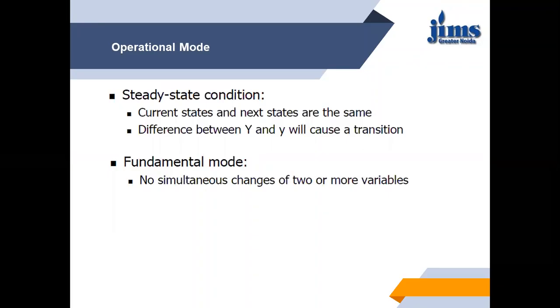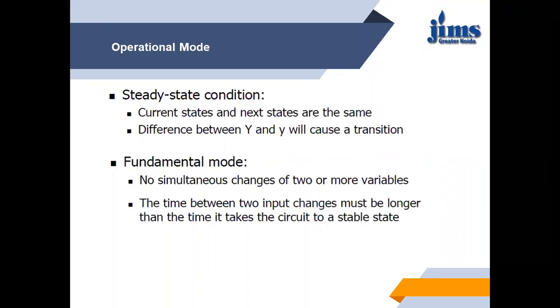If we change y1 and y2 both simultaneously, there will be a race condition, and that should be avoided. Then we say that the circuit is operating in the fundamental mode. That means there is no simultaneous change of two or more variables.